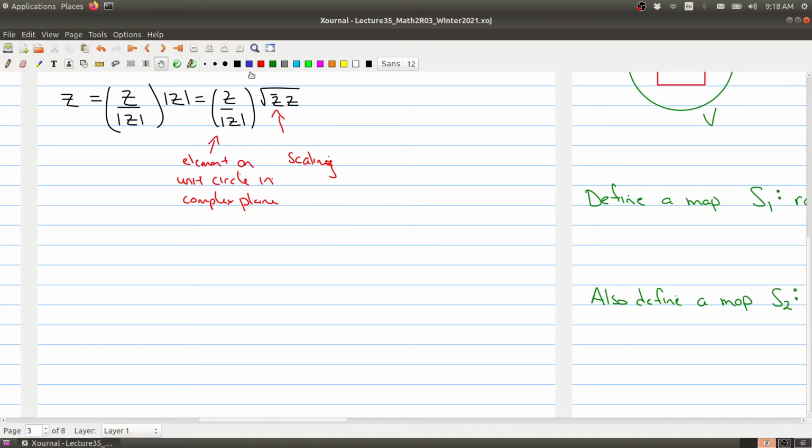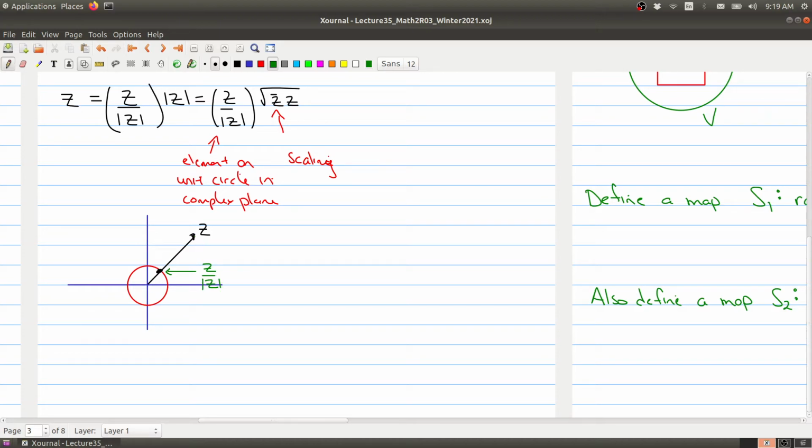Let me try to draw a picture of this. There's my unit circle, and maybe I will have my complex number z here. If we take this little point right here, that's the complex number z divided by its length.